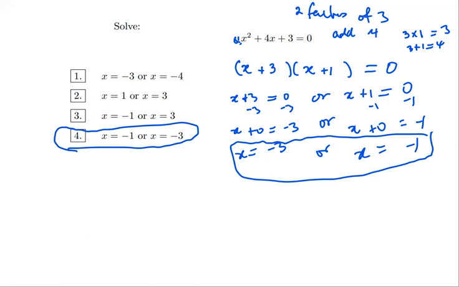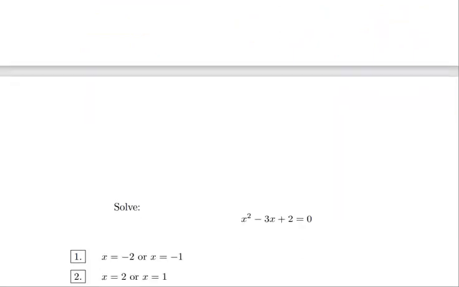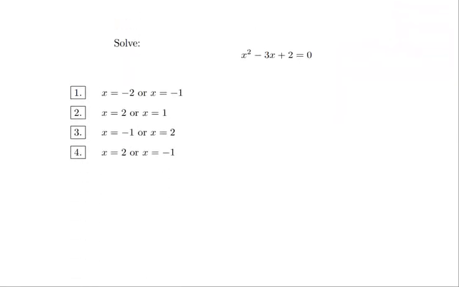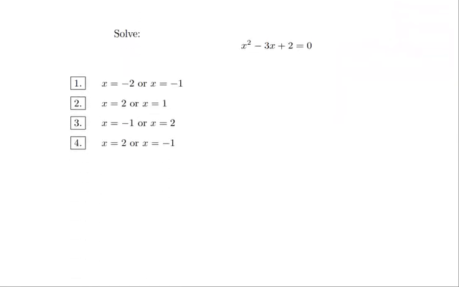Okay, good. I hope you are still with me and following along. So then here's a similar problem where it says again, solve x squared minus 3x plus 2 equals 0. So again, there's no number in front of the x squared term, or it's just one.